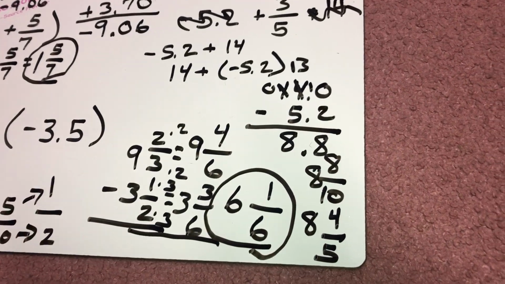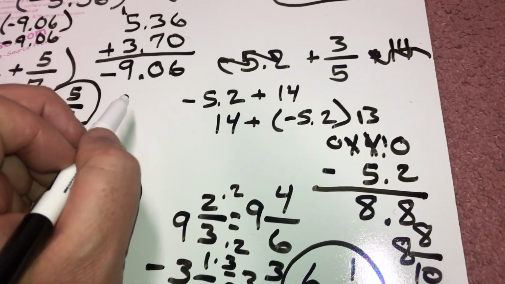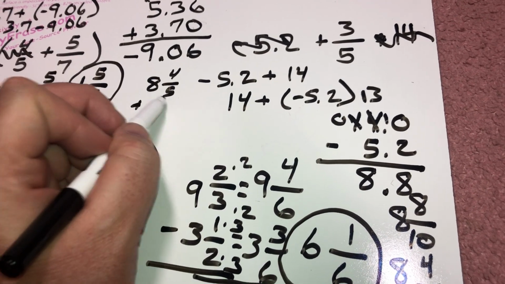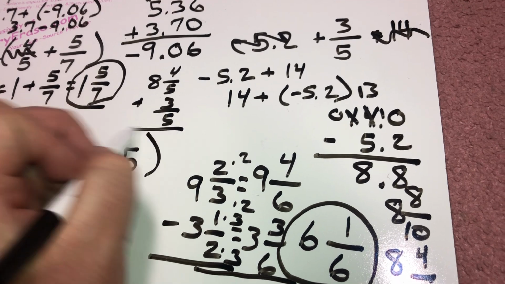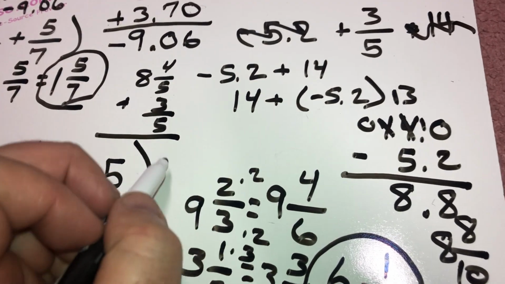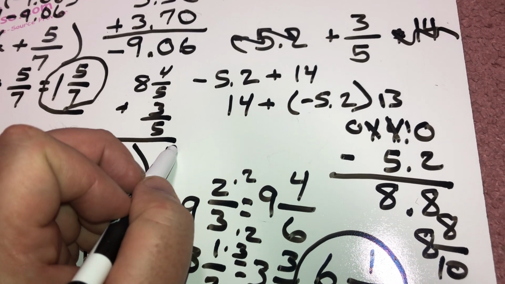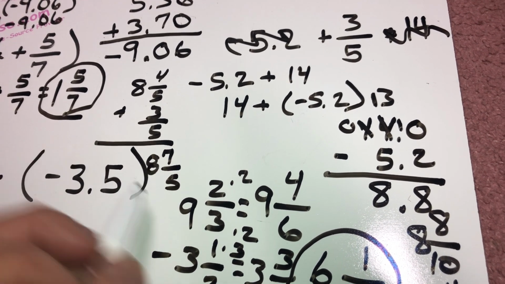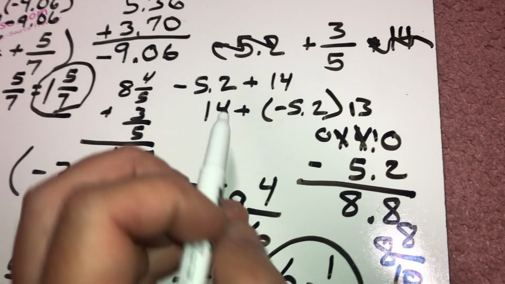So I'm really going to end up doing 8 and 4/5 plus 3/5. All right, well, 4/5 plus 3/5 is 7/5. 8 and nothing is 8. Well, let's think about 7/5.